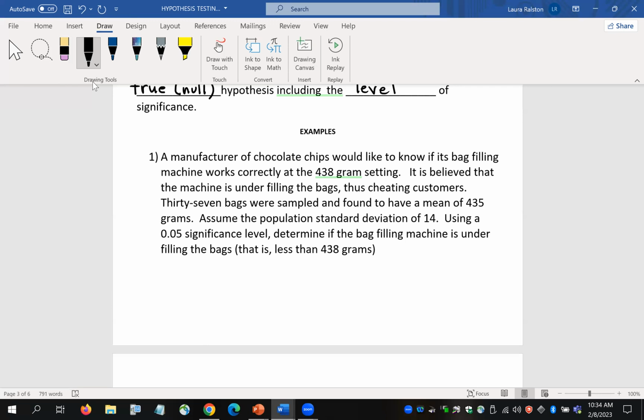Assume the population standard deviation is 14. Using a 0.05 significance level, determine if the bag filling machine is underfilling the bags, meaning it puts less than 438 grams.